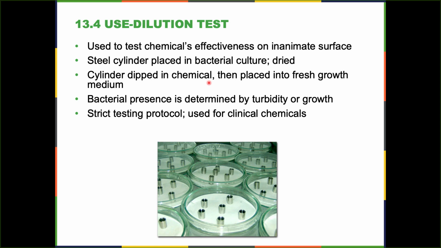Then you take it, place it into fresh growth media, and if you see growth, that means the bacteria on the cylinder have survived, right? Which then means that the chemical was not effective, right? If the chemical was effective, you will see no growth, right?